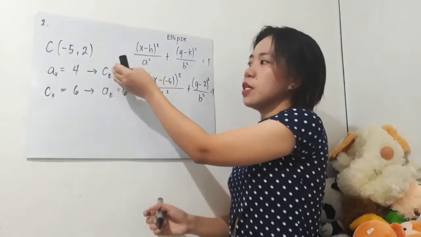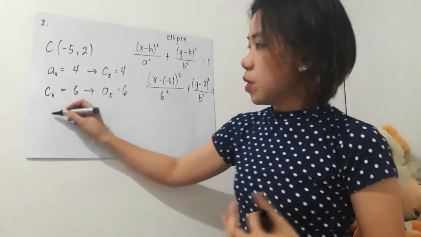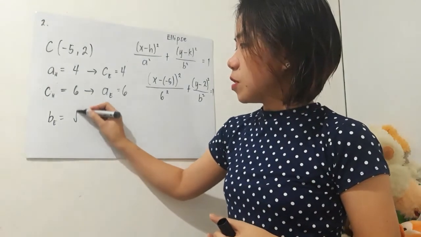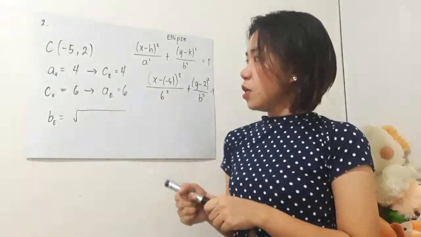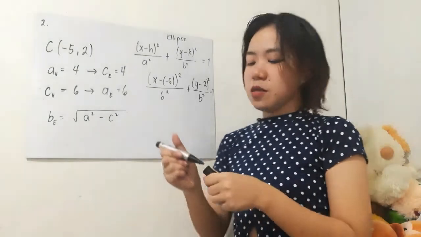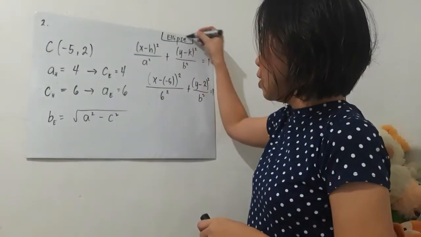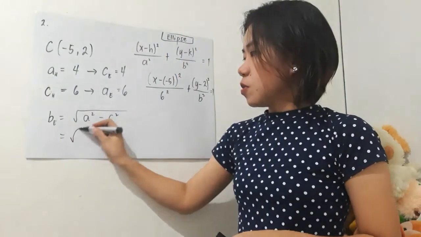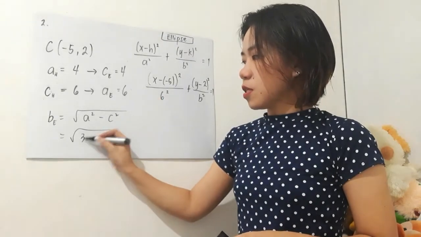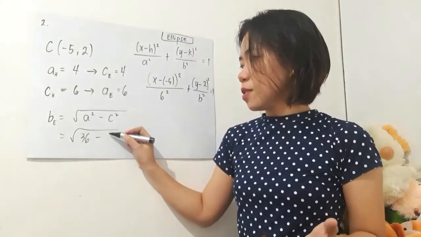If you notice, we already have the values for c and a, but we don't have the value for b yet. So we may solve for the value of b, this time of the ellipse. That will be b squared is equal to a squared minus c squared. So it's a different formula because we're now talking about the ellipse. Alright, so we have a squared, which is 6 times 6, that is 36, minus c squared, which is 4 times 4, which is 16.